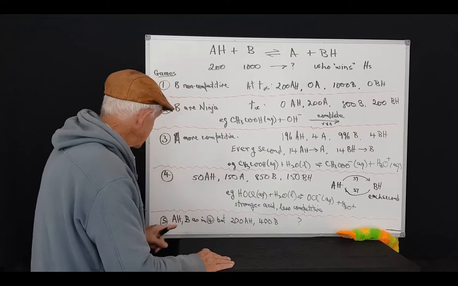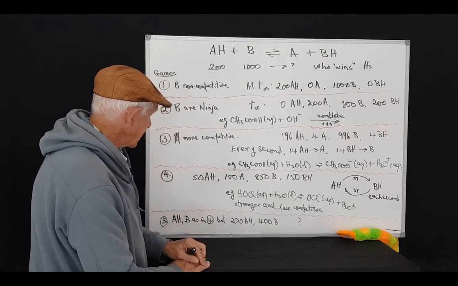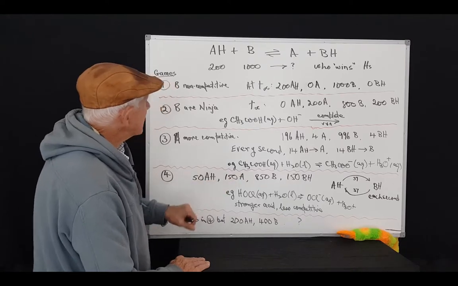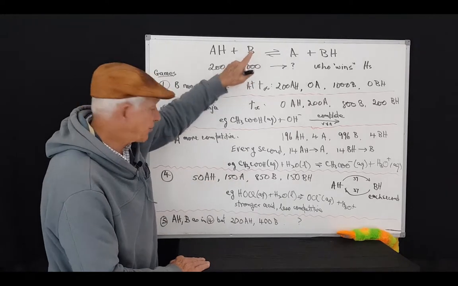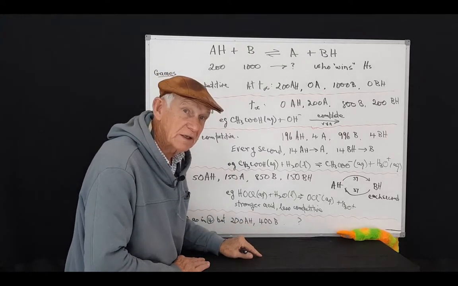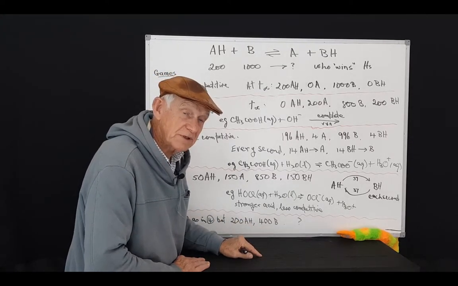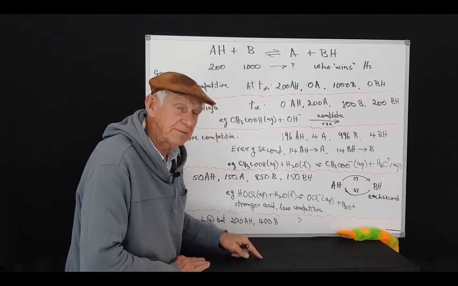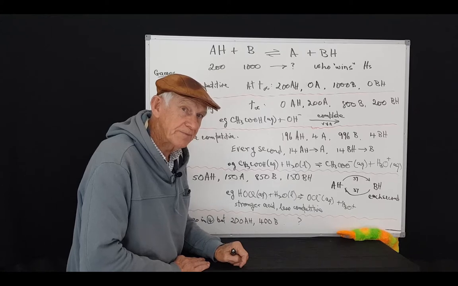Just one more idea. In game 5, we have the same participants as up here, but instead of 1,000 of B, we only mix 400 of B. Now what do you think will happen? How many protons will be grabbed by the B team at the point of equilibrium?